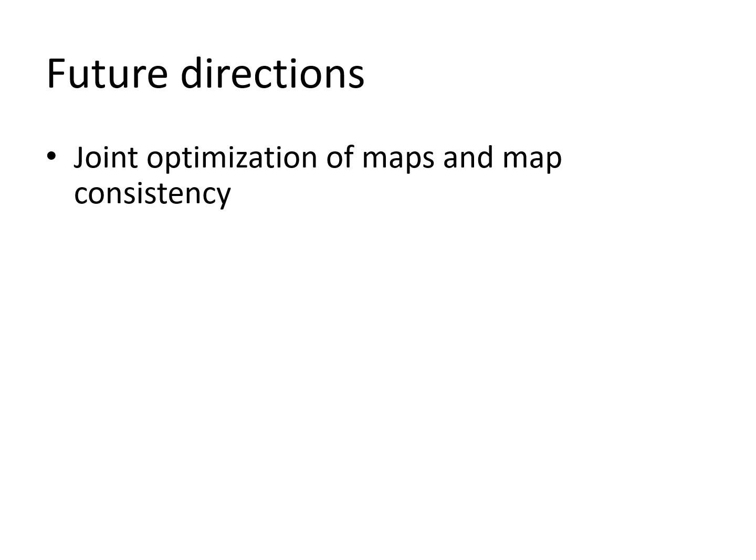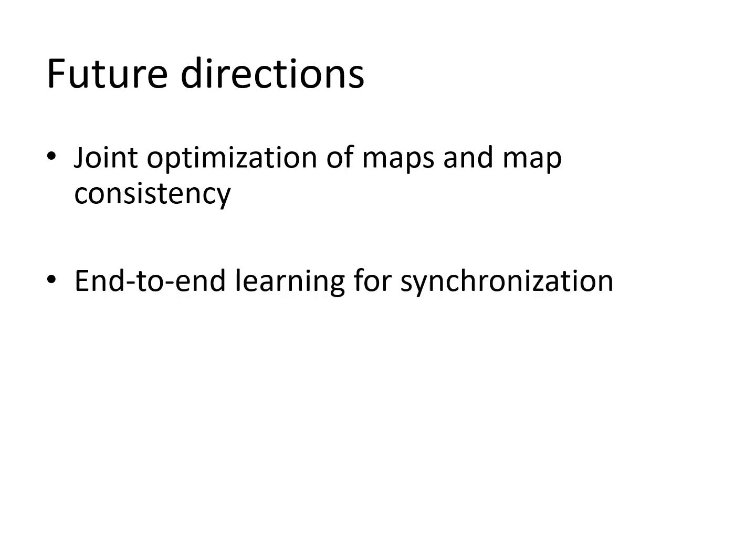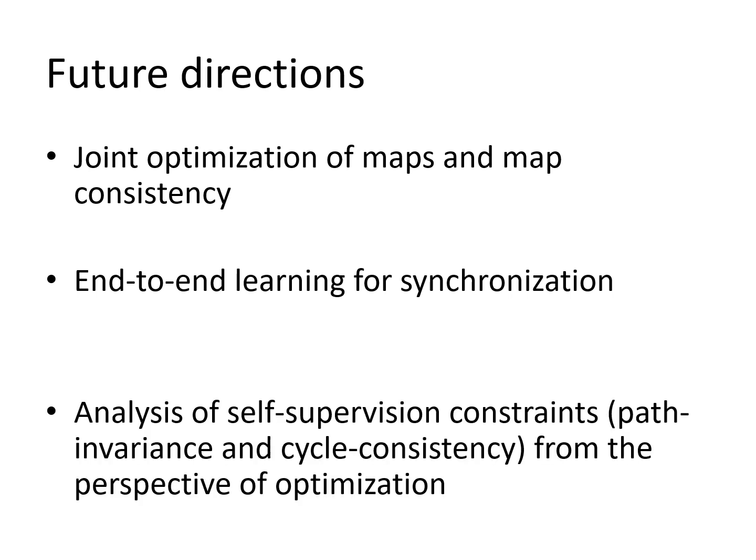We have a lot of techniques for doing this, but we don't have satisfactory theoretical understanding of those techniques. Also end-to-end learning for synchronization, and I believe there are many more works to be done in this area. Again, we also need to understand theoretically why this is better than using handcrafted objective functions.